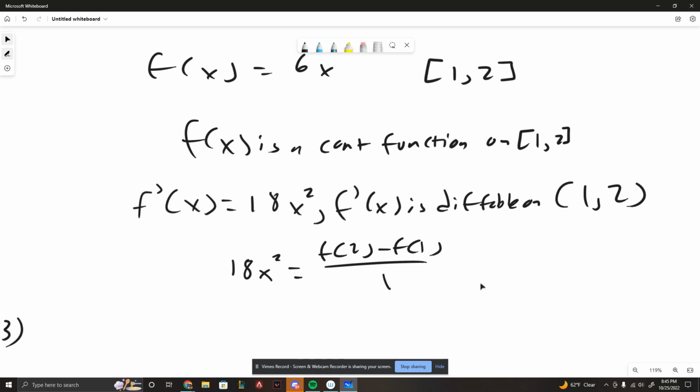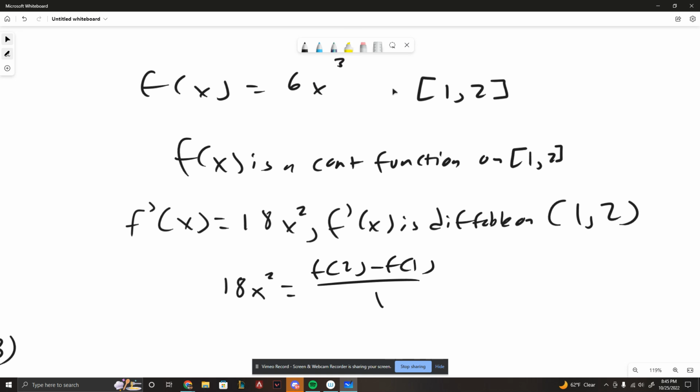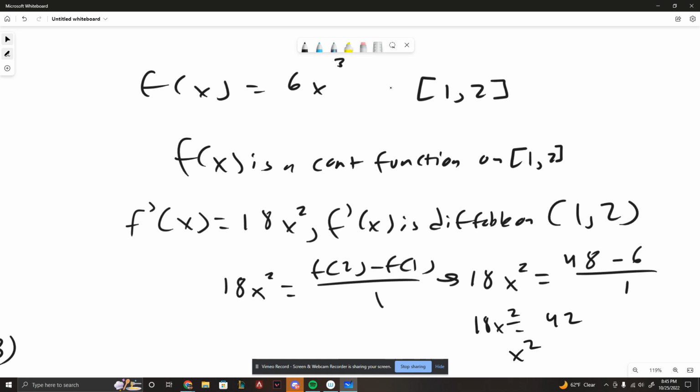So let's solve it. Our original function is 6x cubed, so that means we would have 18x squared equal to f of 2, which is 2 cubed is 8, so 48, minus 6 all over 1. So 18x squared is equal to 42. Now we just take it over, 42 over 18.